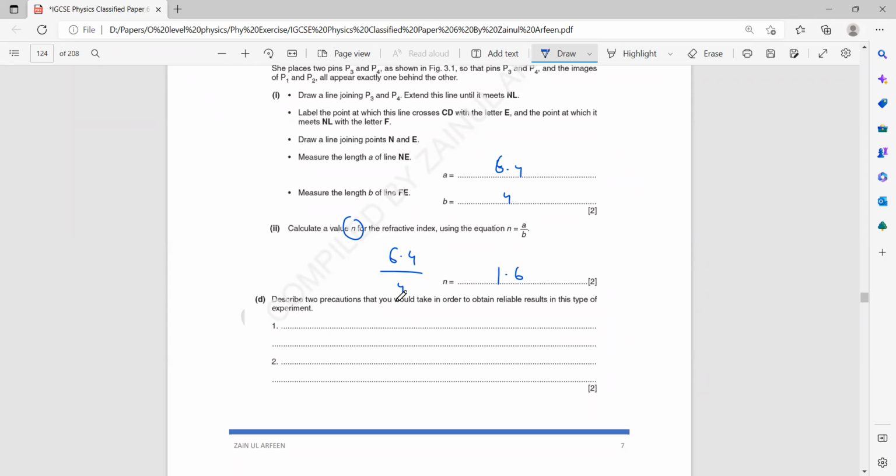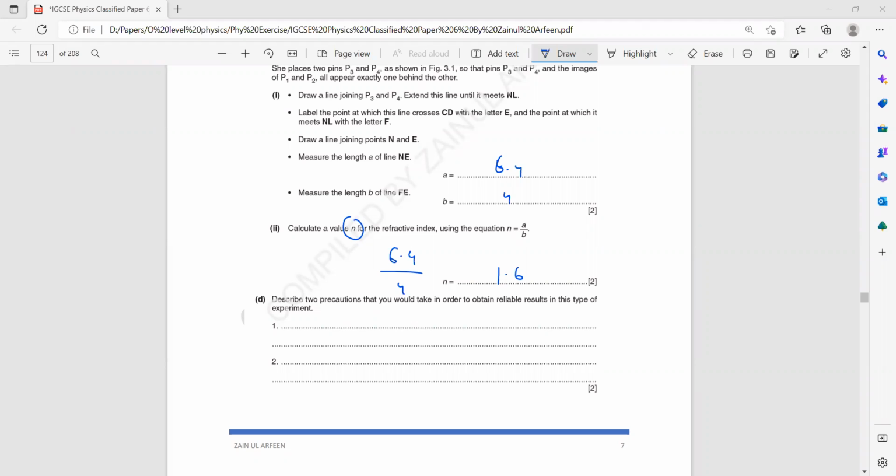Now describe two precautions you should take whenever we are doing this light experiment, in which we are tracing the path of the ray. What are the precautions we should take? We should always view the base of the pin. We should always keep a large spacing.